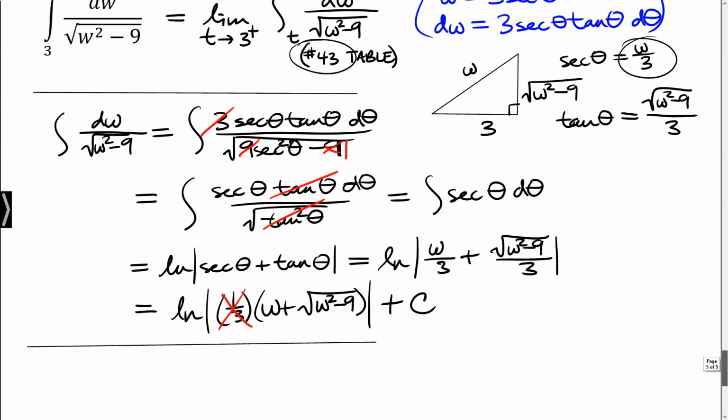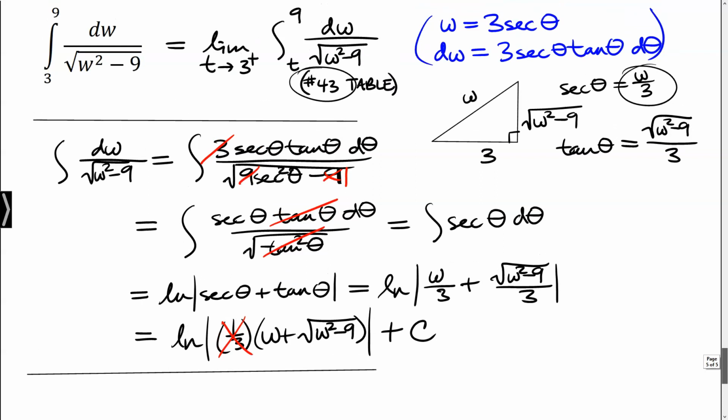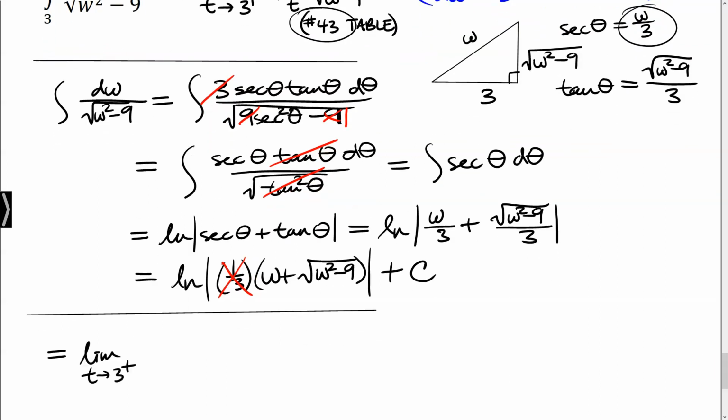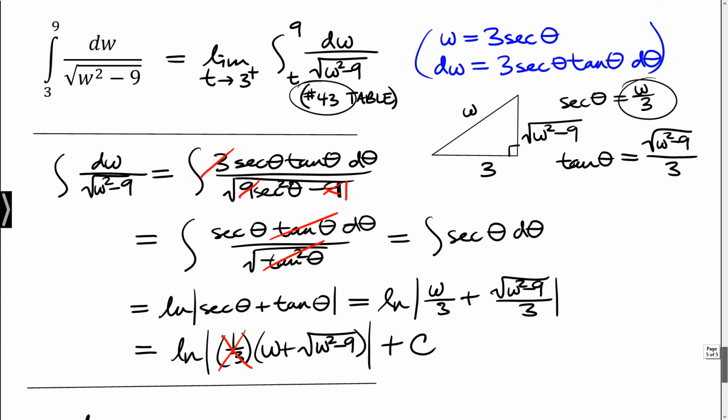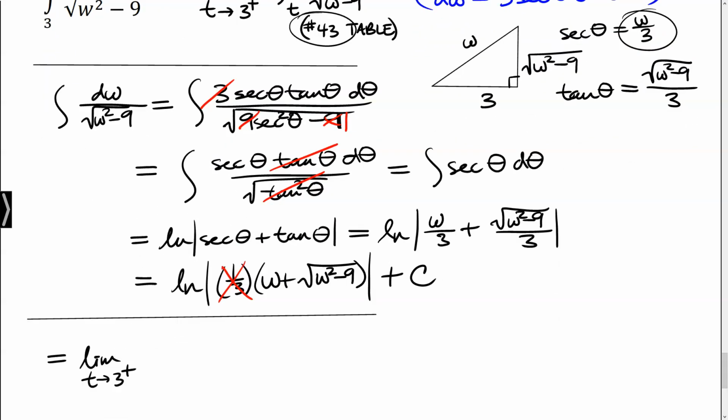Okay, so we're looking at this limit. So it's the limit as t goes to 3 from above of, so I'm going to be evaluating this from t to 9. And because everything inside here is going to be positive, I'm just going to use parentheses instead of the absolute value.